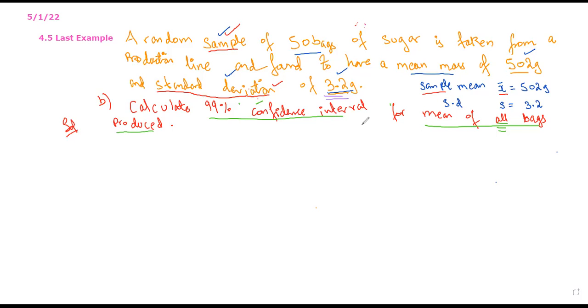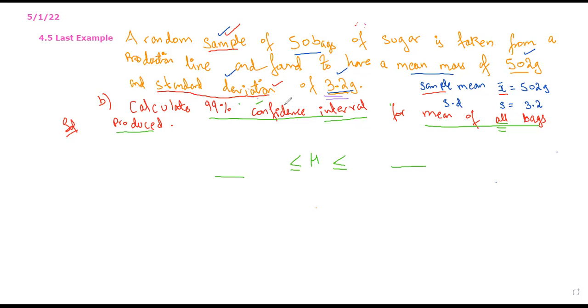It is an interval. For the mean of all bags, we need to find the interval for the population mean. This different alphabet is basically for the population. So this is going to be an interval. Perfect. So we need to know the function here.